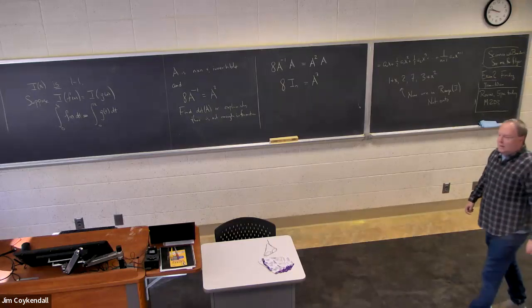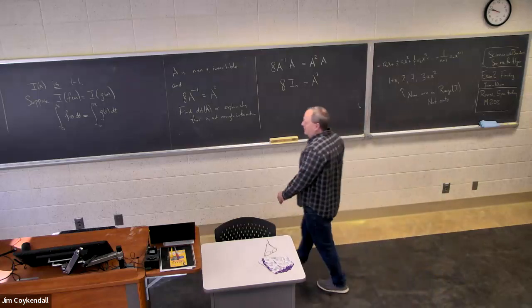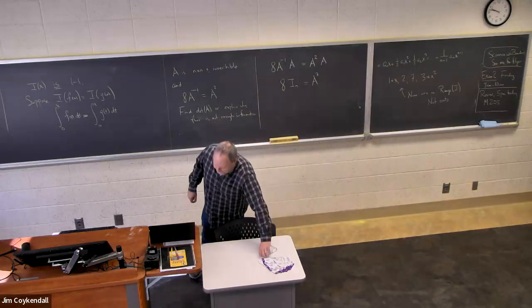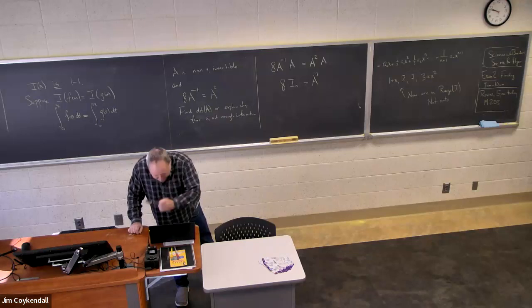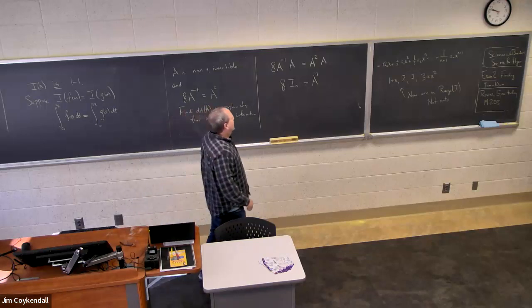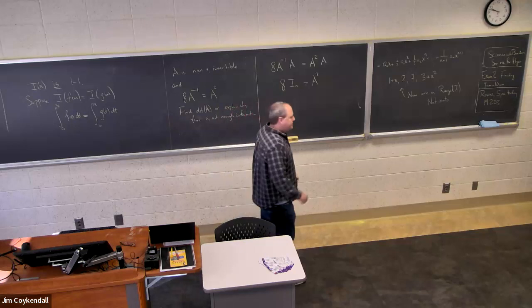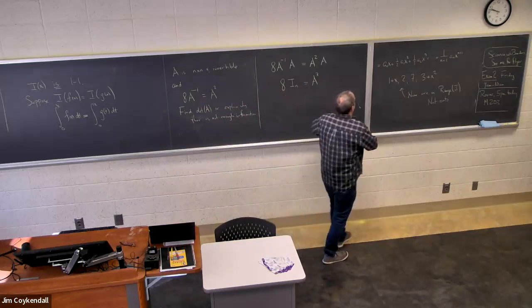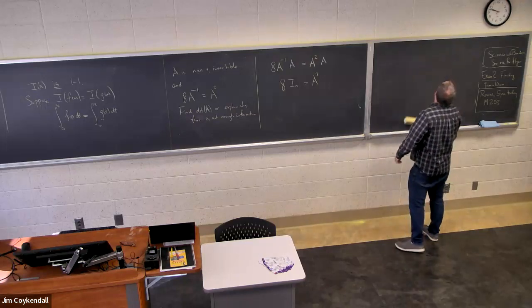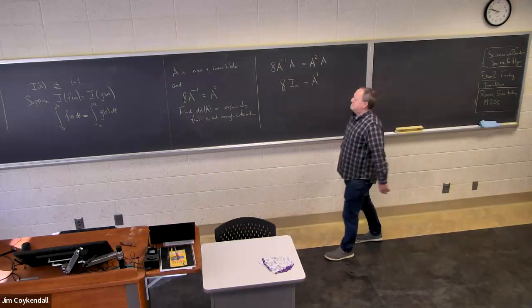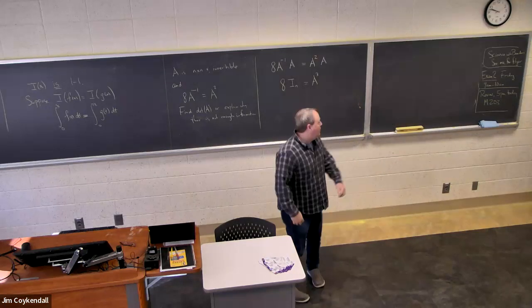Okay, so I did say n by n, didn't I? Right. A cubed and a diagonal. Oh, okay.